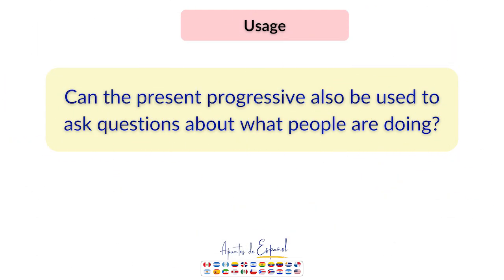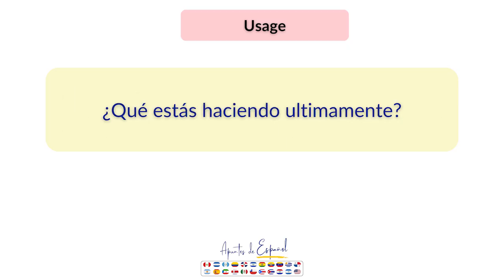Now, can the present progressive also be used to ask questions about what people are doing? Yes, certainly. You will only have to add the interrogation marks at the end of the sentence and at the beginning in Spanish to make the question. For example, ¿qué estás haciendo últimamente? What are you doing lately? In order to do these questions, it is important that we can talk about the temporal markers.